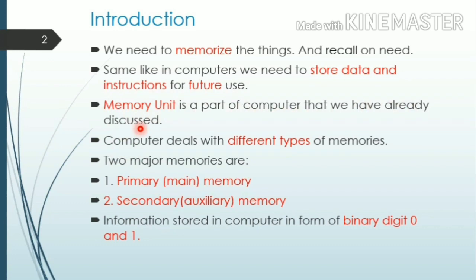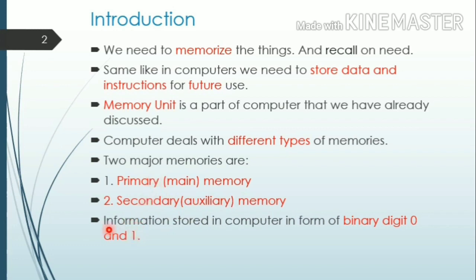The memory unit works with the computer by giving data and taking data and synchronizing with the input and output devices. Now, the computer deals with different types of memory, not only one. Mainly there are two major memories: one is primary memory and the second is auxiliary memory. Two types of memory are available for computers.